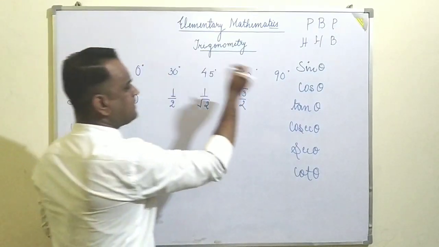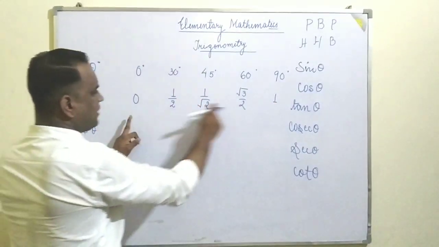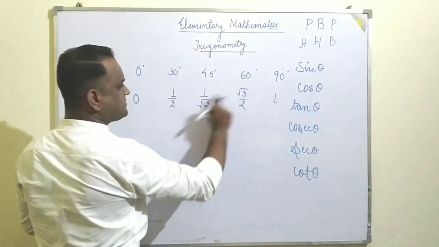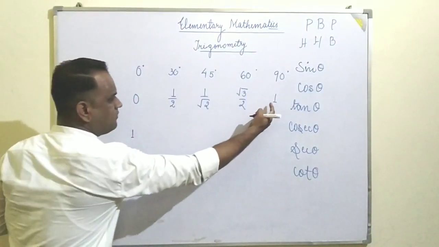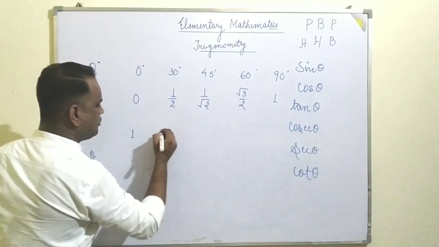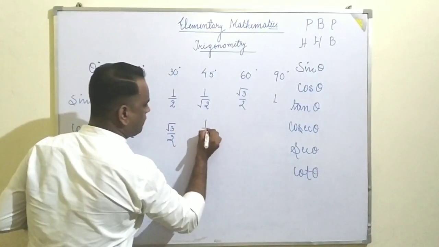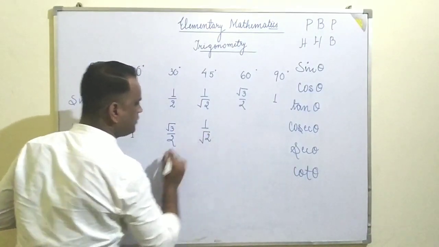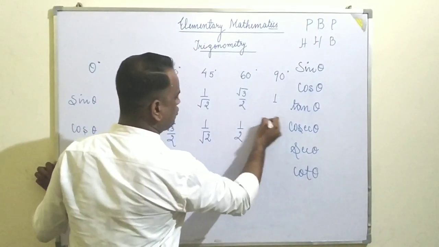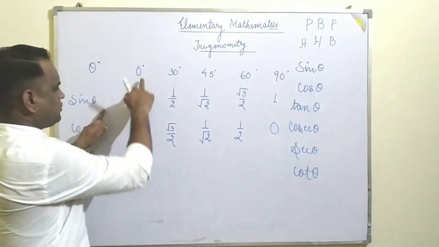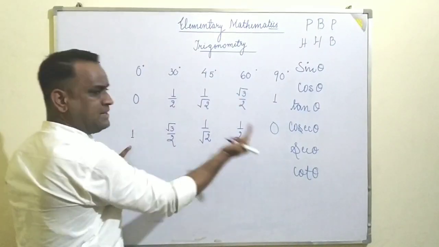And sin 90 is equal to 1. Now, the value of sin 90 will be cos 0. So for cos put the values: 1, root 3 by 2, 1 by root 2, 1 by 2, and the last is 0. Means sin 0 is 0, cos 0 is 1, sin 90 is 1, cos 90 is 0.